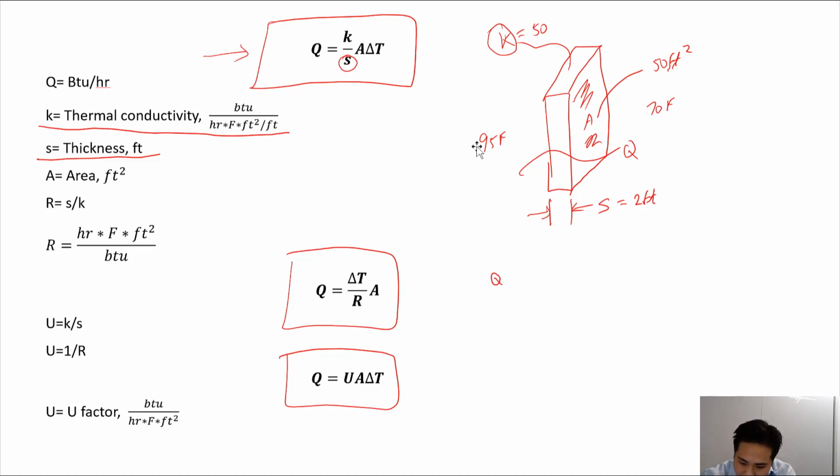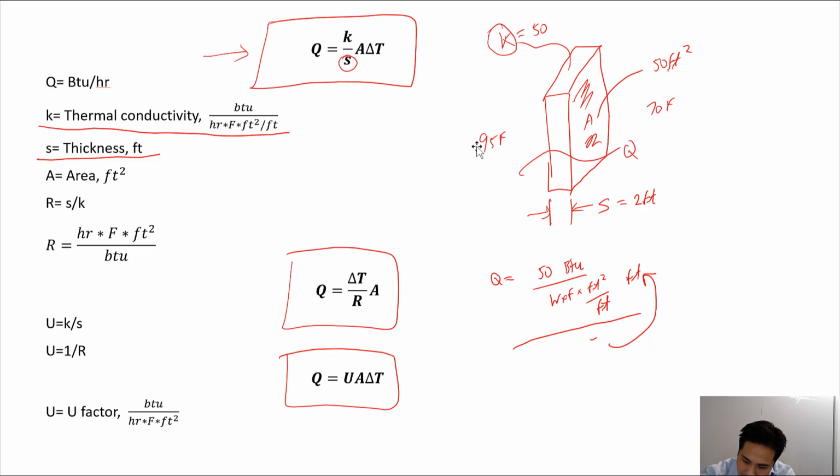So Q will equal K, in this case 50, and putting in the units, it's BTUs over hour times Fahrenheit times feet squared over feet. Now this whole number is divided by S, which is in feet. So to rearrange this formula with the feet, dividing across this number here will give you feet, which would basically move up here.